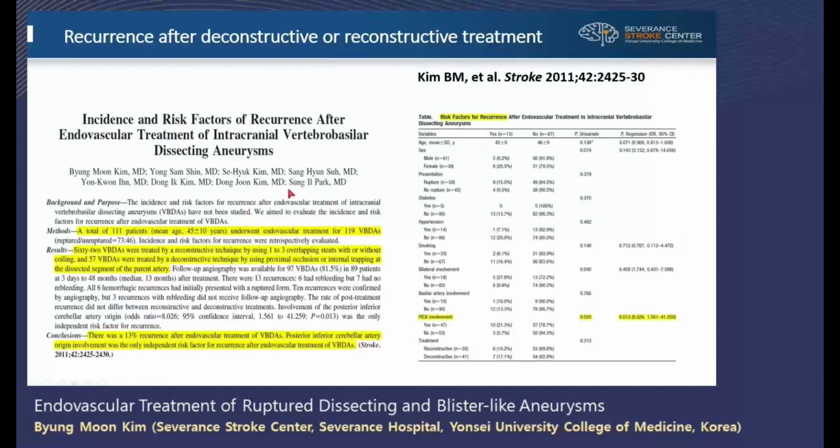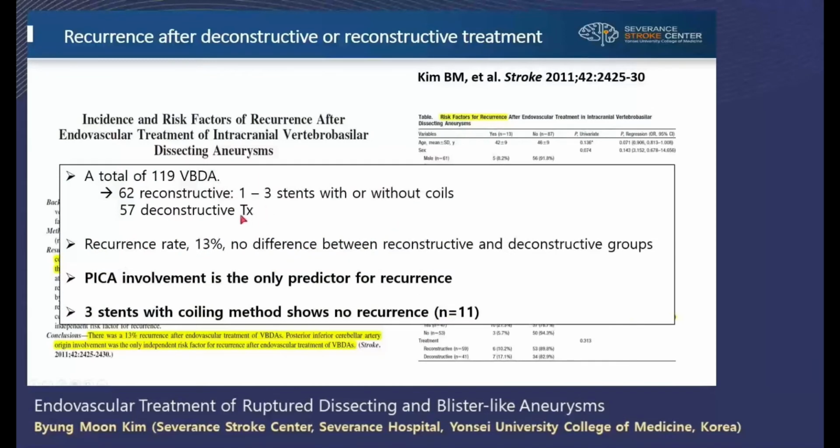Also, this is my report about the recurrence after deconstructive or reconstructive treatment. In this report, a total of 119 vertebrobasilar dissecting aneurysms were treated. 62 were treated with reconstructive treatment, including 1 to 3 stents with or without coils. 57 patients were treated with deconstructive treatment, mostly internal coil trapping.